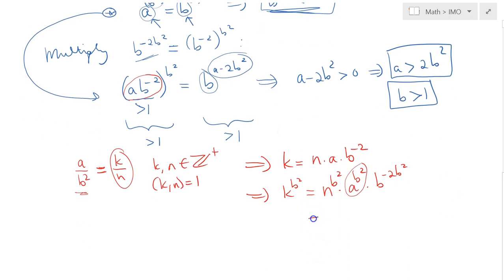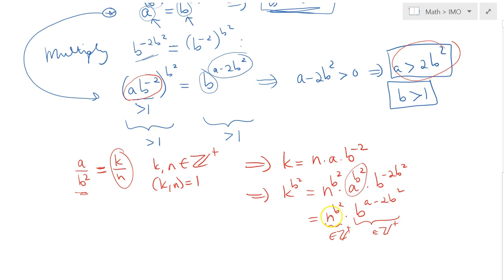So therefore this would be equal to n to the power b squared times b to the power a, but then we have also this term here, a minus 2b squared. What is nice is that we already know this is greater than 0, so we have an integer here. This is a positive integer, and obviously this is a positive integer.